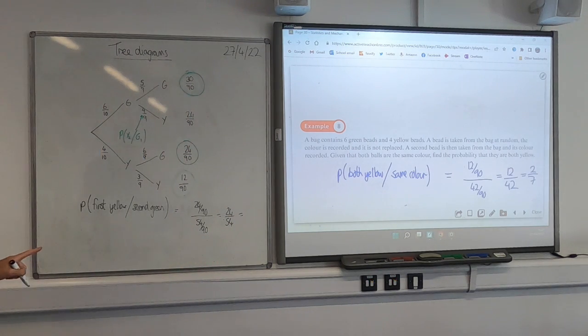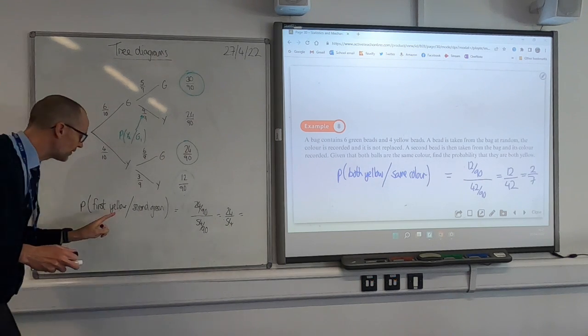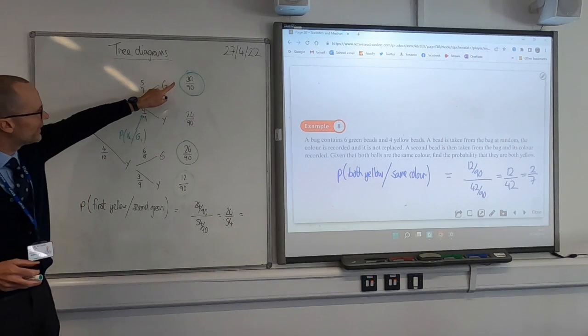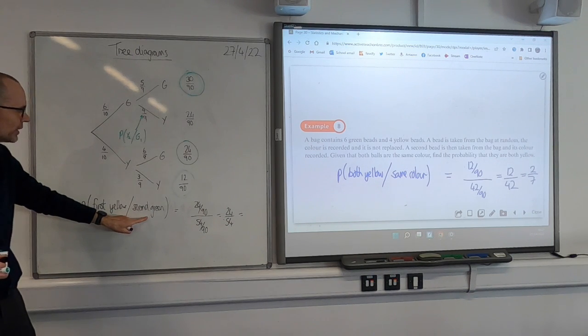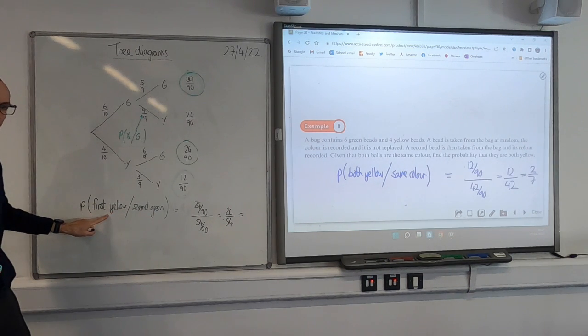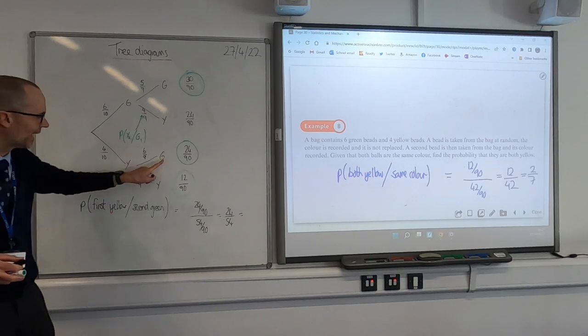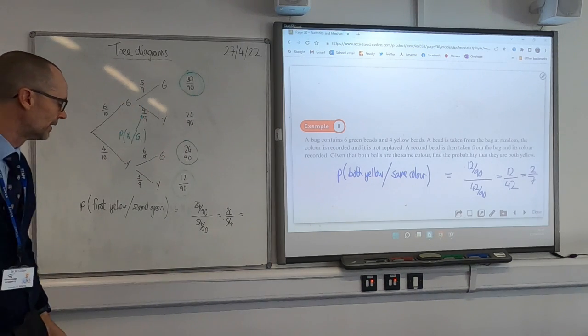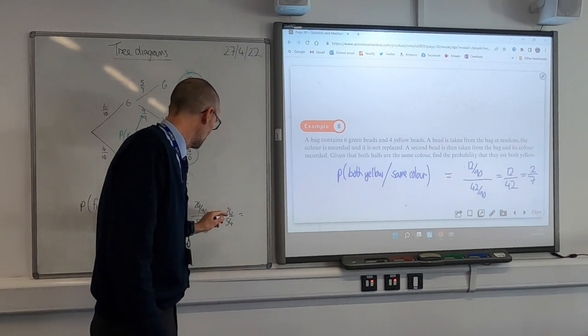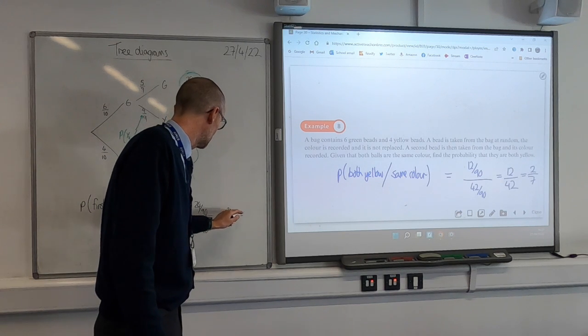The first ball yellow. No. So what we're saying is of the outcomes where the second ball is green, which of those involved the first ball being yellow? So it was that outcome there. So 24 out of 54. What's that? 12 out of.